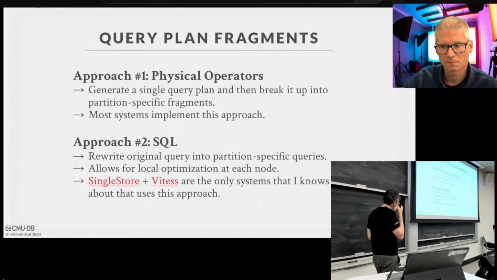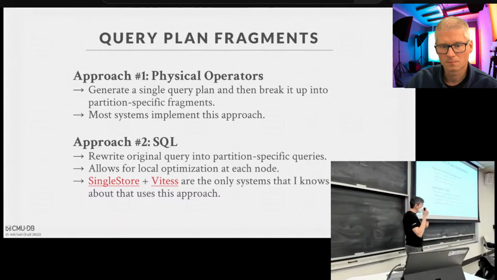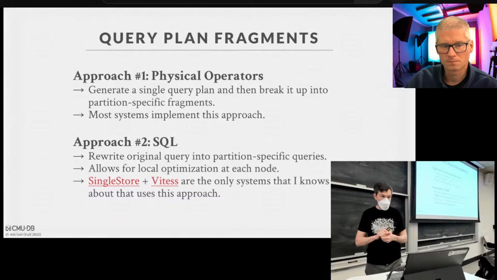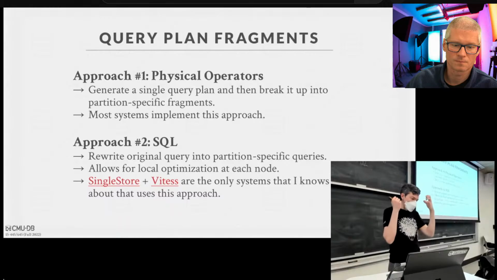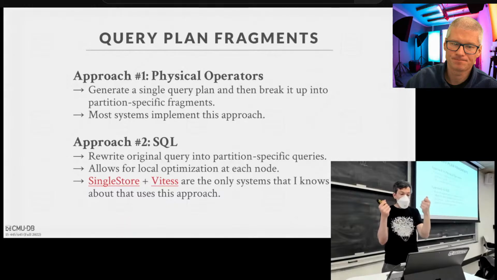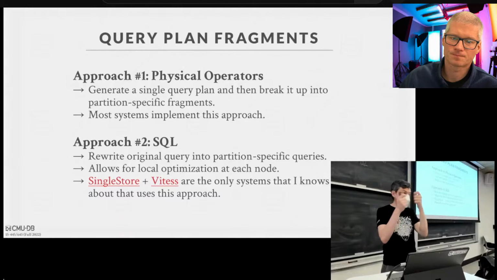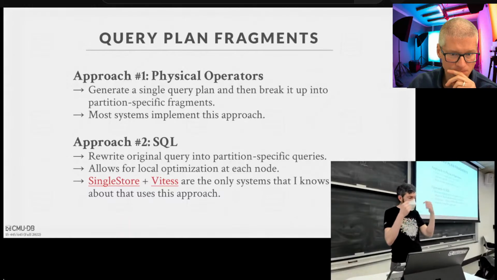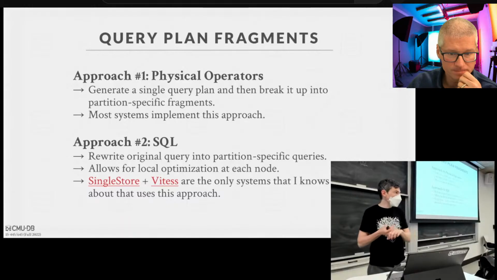An alternative is to take the SQL query on the node where the query shows up, parse it, plan it, generate physical operators, then convert it back into SQL again, but for the different nodes that are going to execute the query. And the idea here is that if you do all your parsing or planning at a single location, the optimizer decisions will be made on whatever statistics have been collected at that node, which may not be an accurate representation of what's at the different nodes.